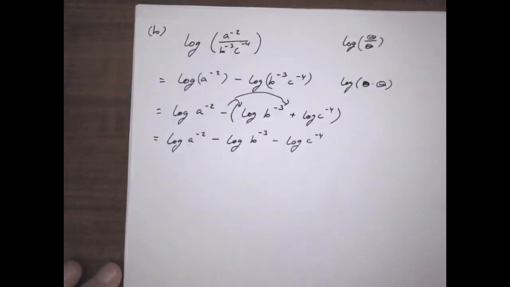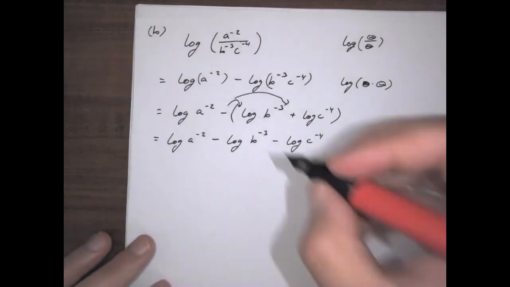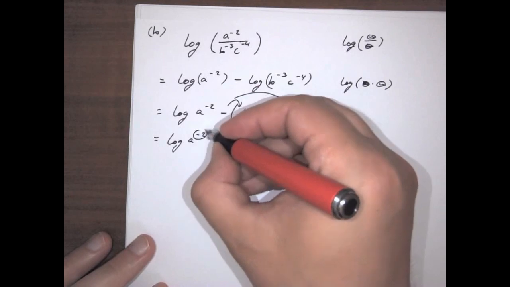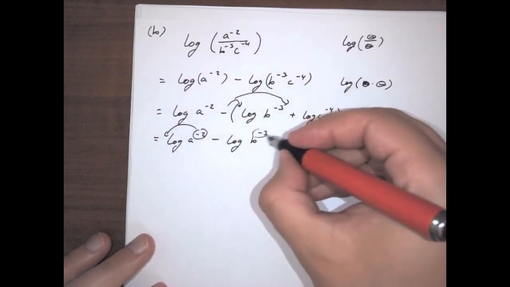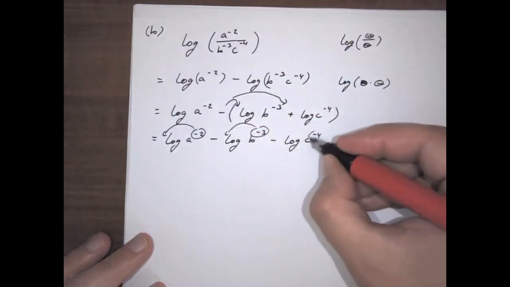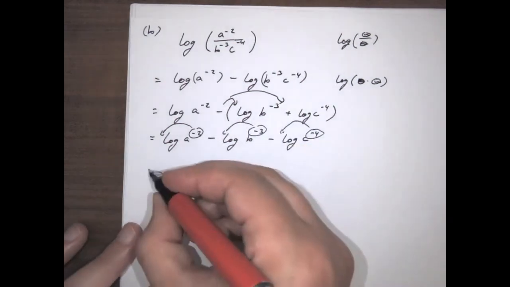So that was nothing logarithmic we did there, just algebraic. And then, finally now, we have a log of a power, a log of a power, and a log of a power. So the exponents all come down.